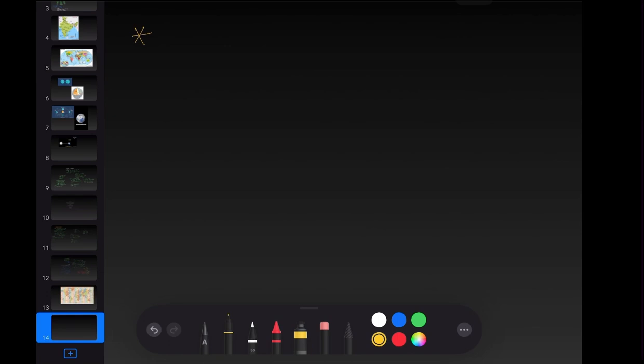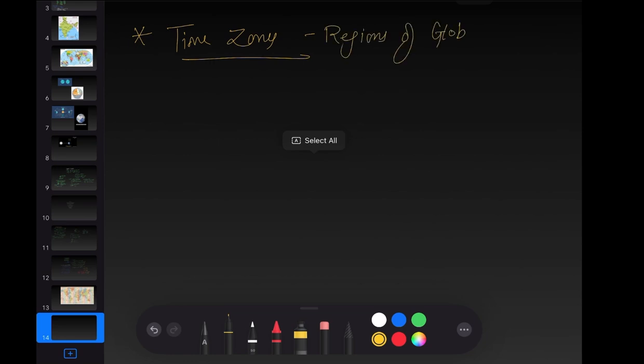Let's understand time zones. Time zones are the regions of the globe which observe uniform standard time.